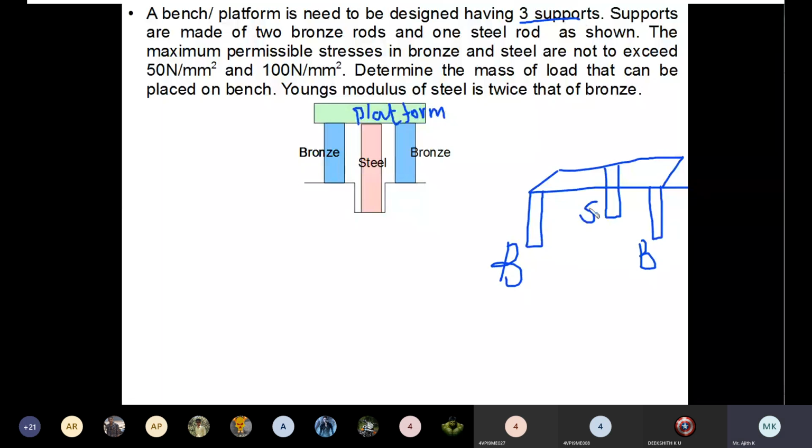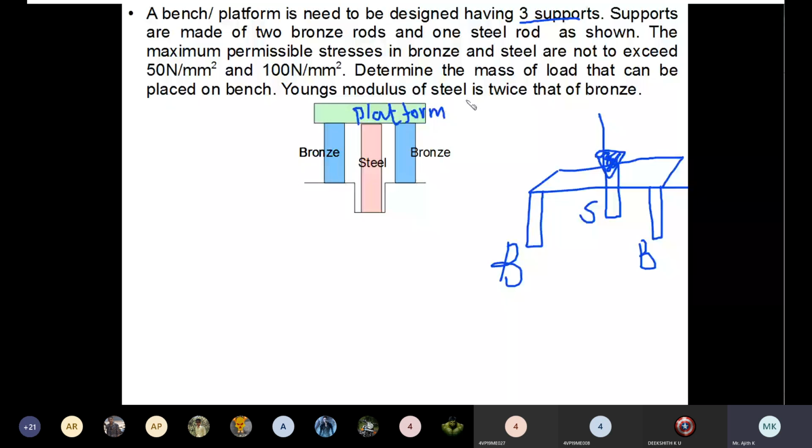The maximum permissible stresses in bronze and steel are given. They should not exceed 50 Newton per mm square and 100 Newton per mm square. You have to find out the maximum load that can be placed on this table.